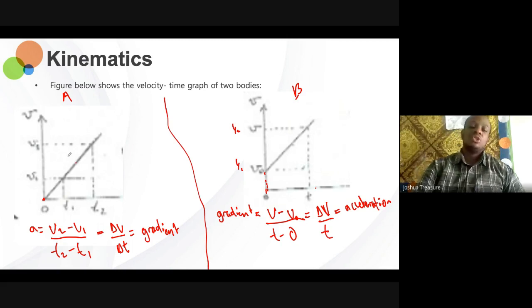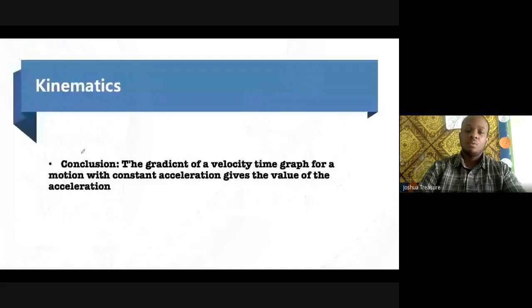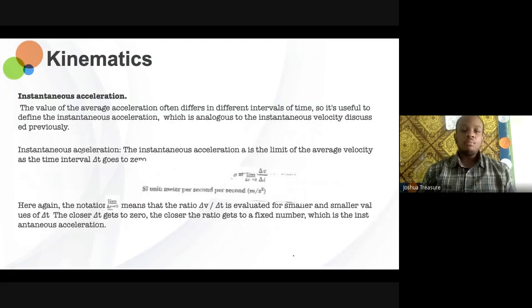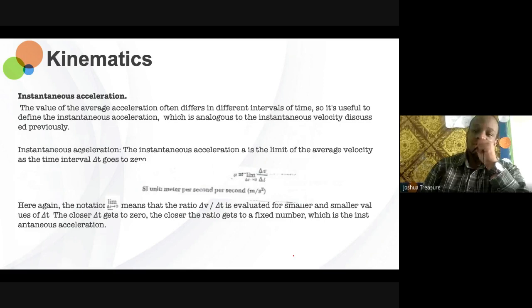Say there were different changes, then we could find an instant acceleration, and that's what we'll do. But before we do that, instantaneous acceleration is the value of the average acceleration. It often differs in different intervals of time.